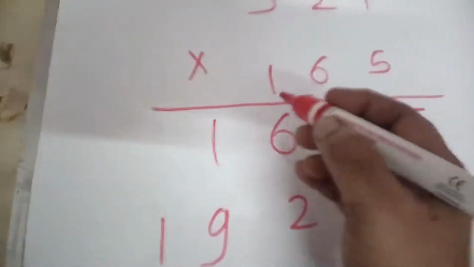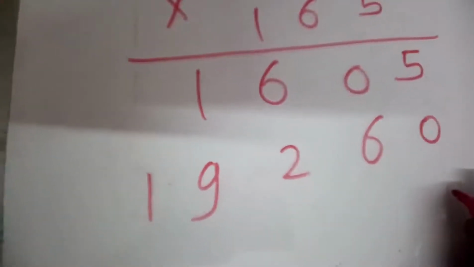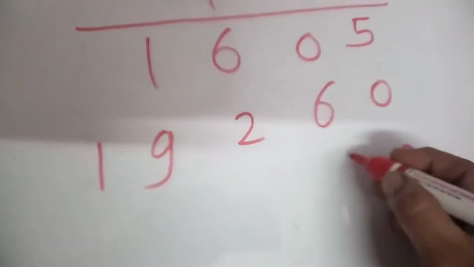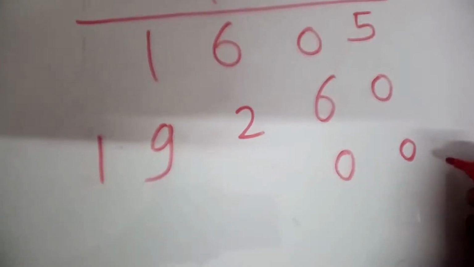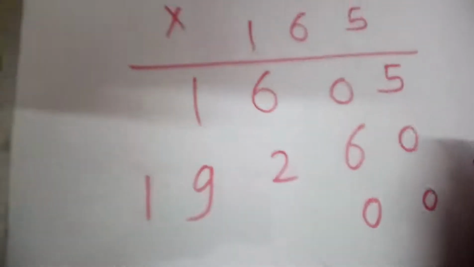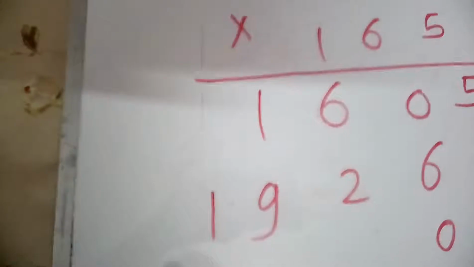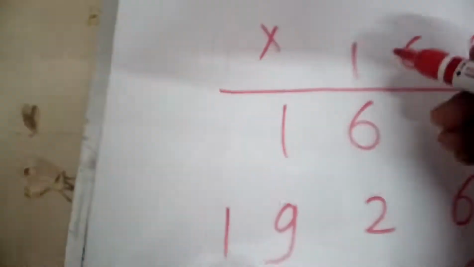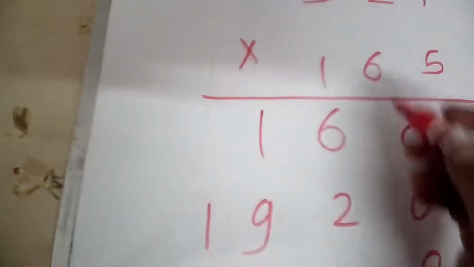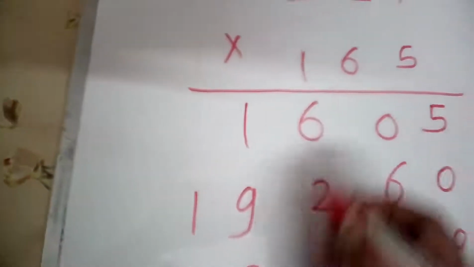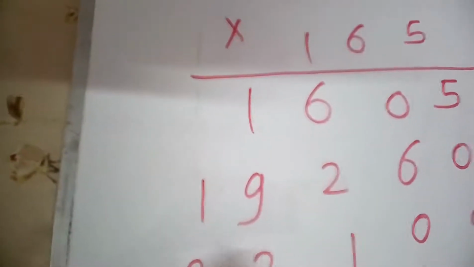Then the third number. Before multiplying the third number you will give 2 zeros in the third line and then start multiplying with the third number. 1 ones are 1, 1 twos are 2 and 1 threes are 3.